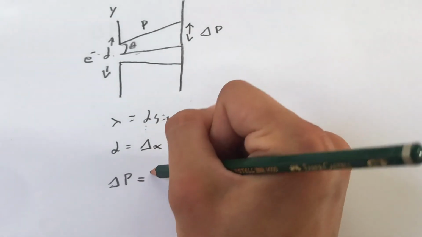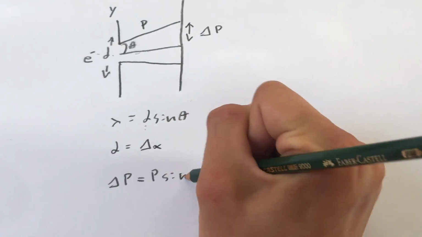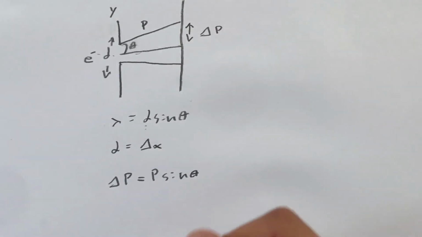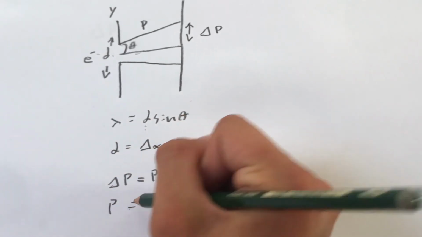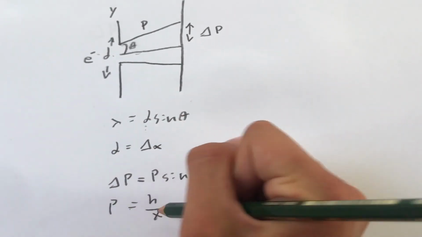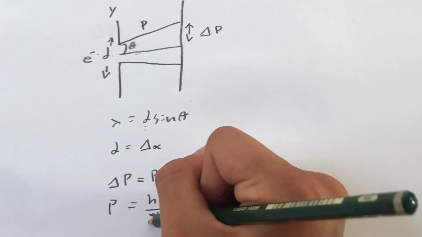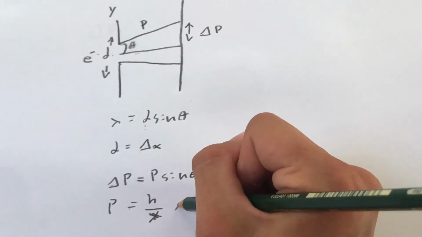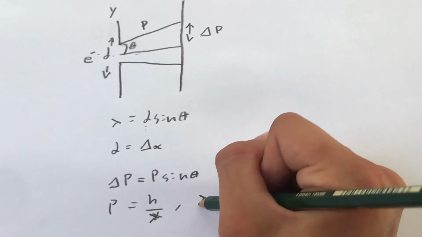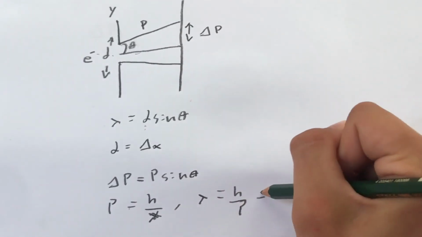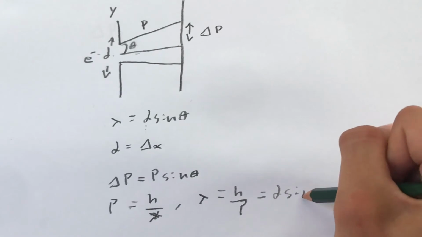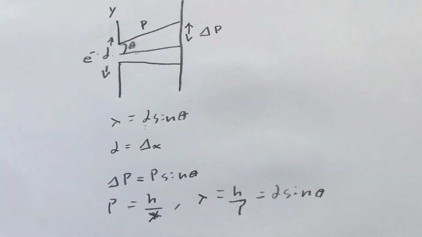As delta p equals p sine theta. And we know that p equals h over lambda, which we can derive as lambda equals h over p, which is simply d sine theta, as you can see in the picture.